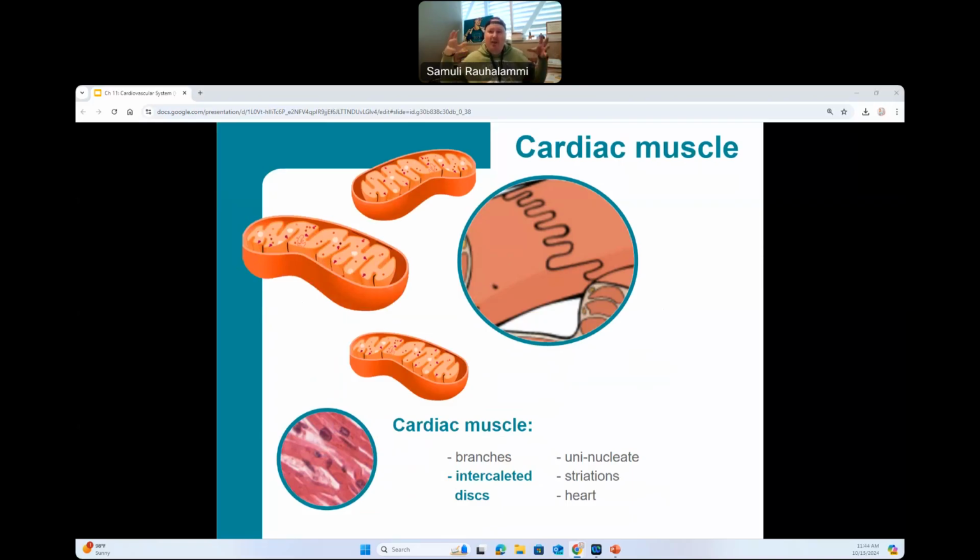We want to make sure that each cardiac muscle cell in the same area contracts simultaneously so we can create this synchronized beating pattern of the cardiac muscle tissue. That's how we're able to create that contraction of the different chambers of the heart and pump the blood in an organized manner through the cardiovascular system.